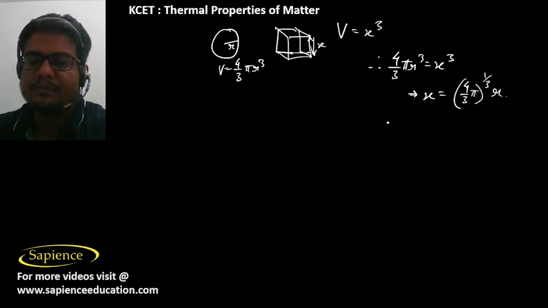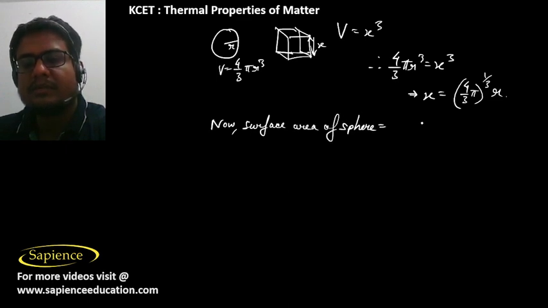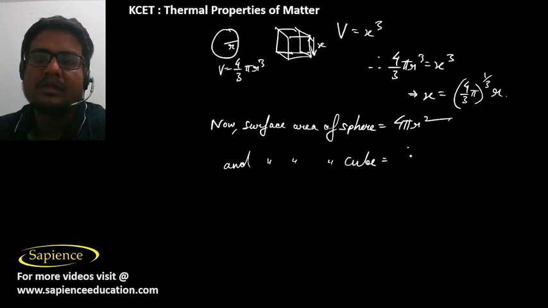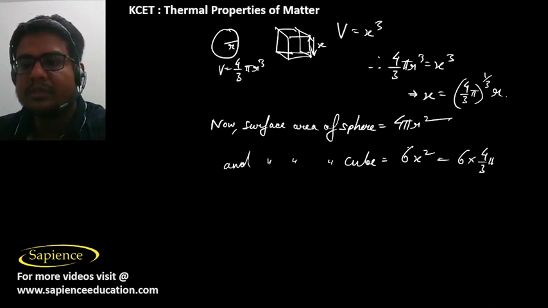So x is the cube root of 4 by 3 pi, into r. Now the surface area of the sphere is 4 pi r square, and the surface area of the cube is 6x square, since there are 6 faces and each side is a square. So that is 6 into (4 by 3 pi) whole power 2 by 3 into r square.